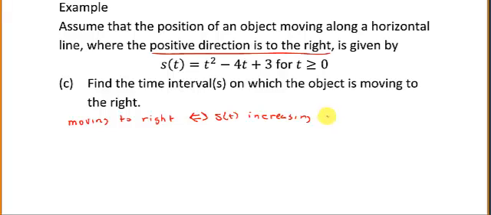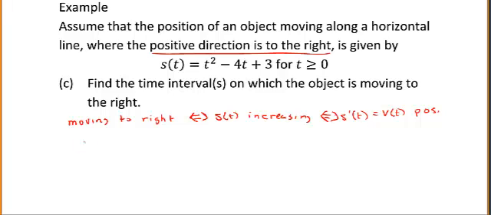And how do we know if s is increasing? Well, if s prime of t, its derivative, which is the velocity, is positive. The velocity is positive. So we have that implication.